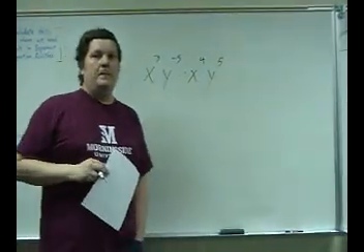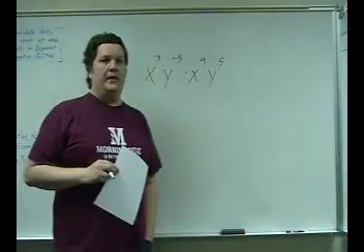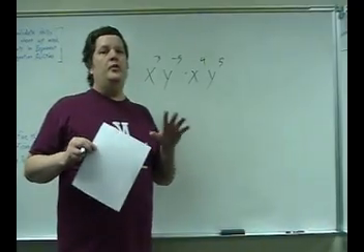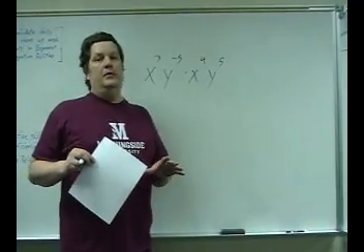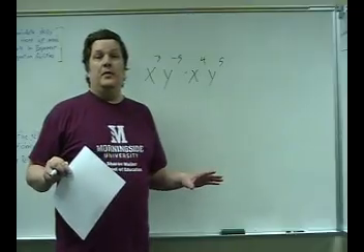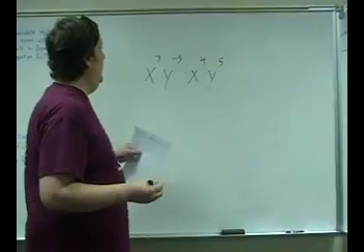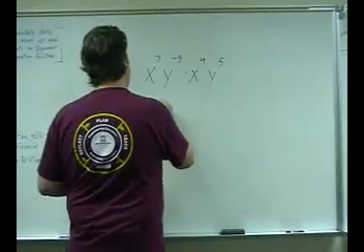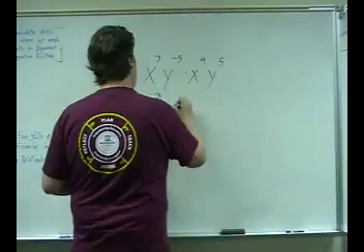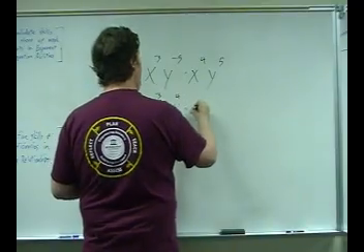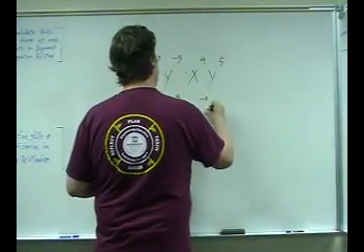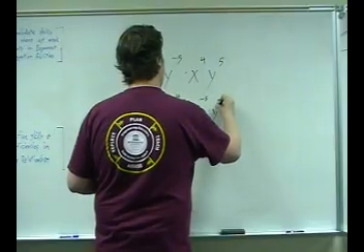So like I said again, we have extra variables, but we're not changing what we do with the variables. We're using the same rules. There's just more variables to use them on. So I'm going to group the x's together. Then I'm going to group the y's together.